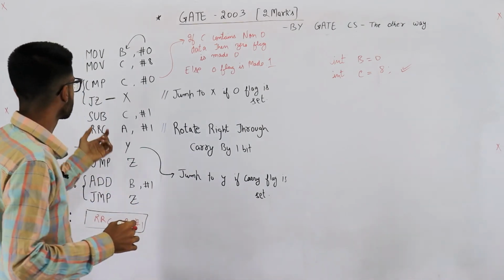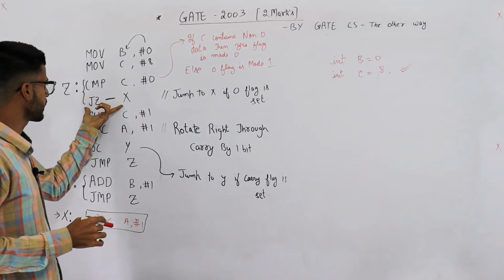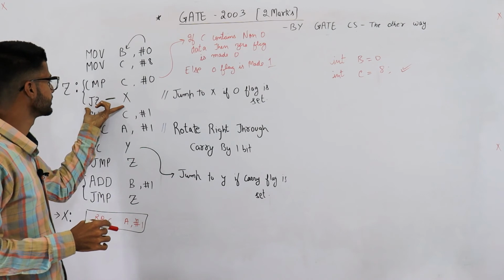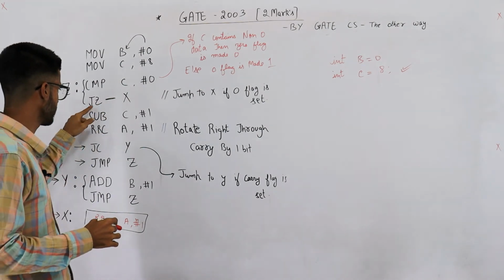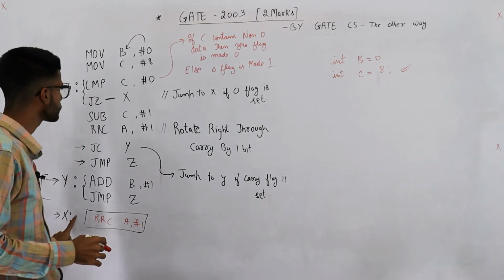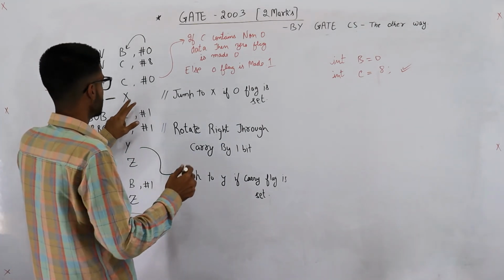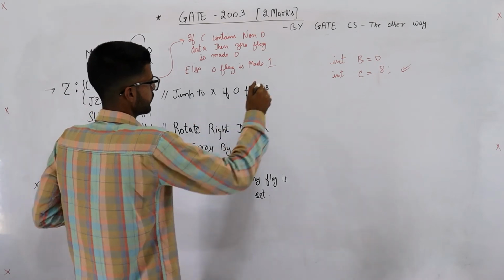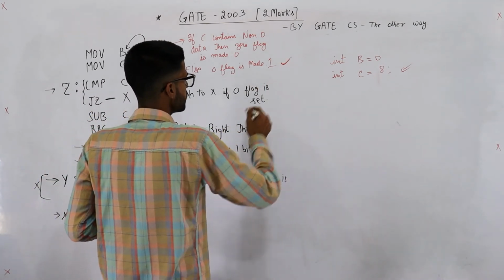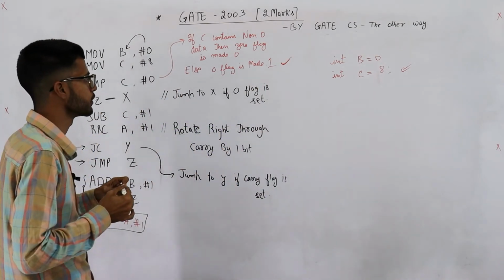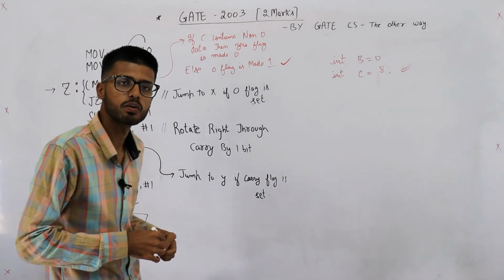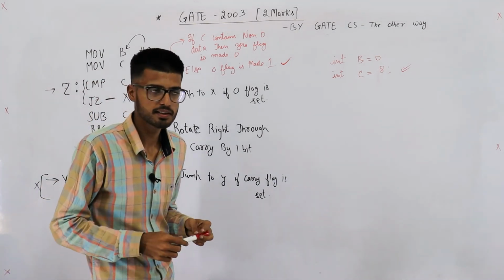Now JZ means jump if 0. JZ X means jump if 0 to X here, which means if the 0 flag is 1, then we are going to jump. When is the 0 flag going to be 1? When data in C is 0.